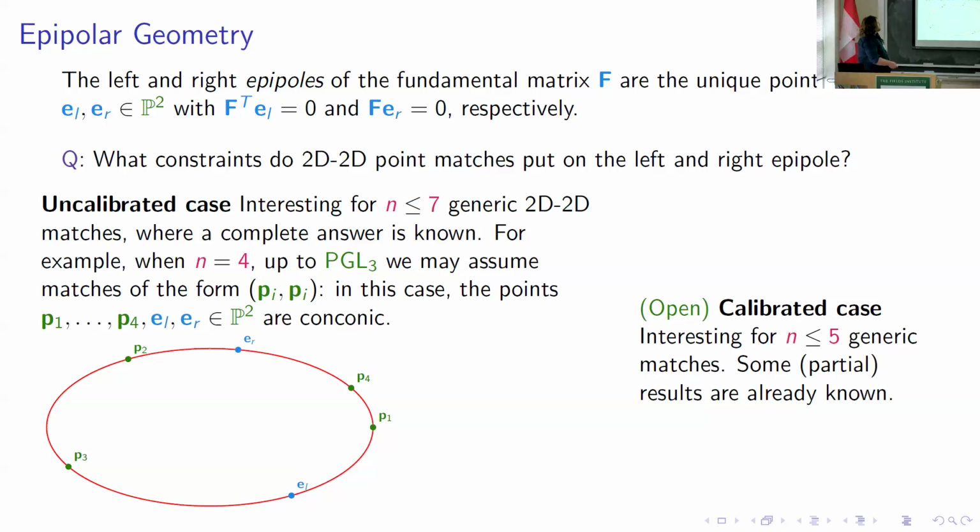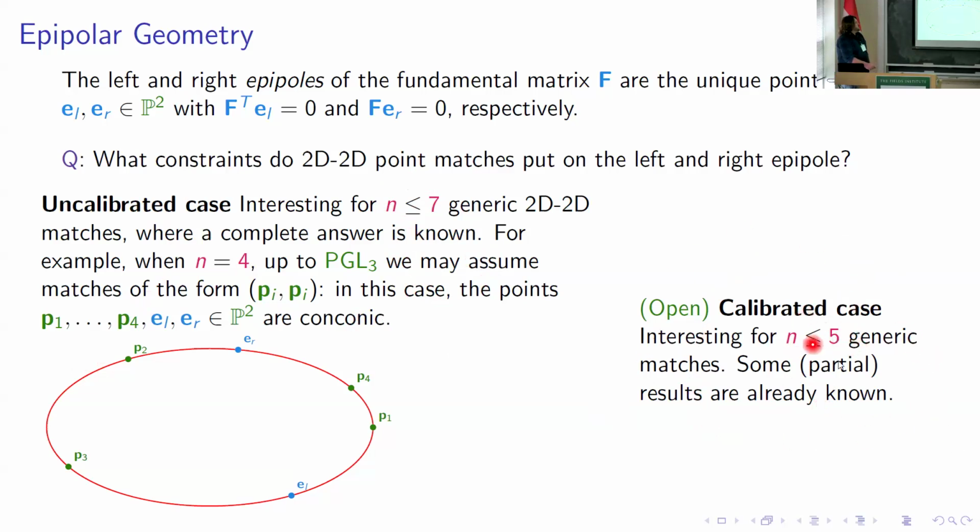Okay, and so actually, we sort of know similar characterizations for 5 points, 6 points, and 7 points, of course. That's just the 7-point algorithm. So it would be nice, and hopefully someone this week can make some progress, to tell us a little bit about the calibrated case.